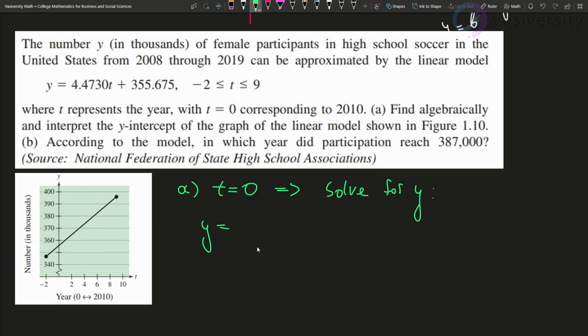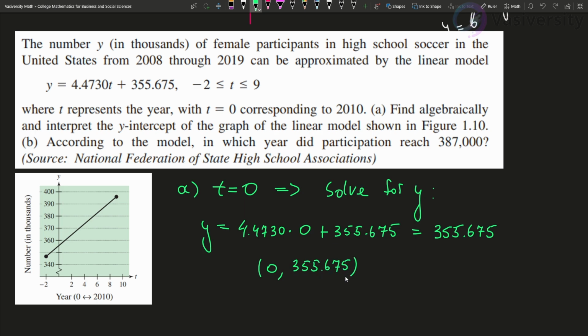With t equal to 0, we have 4.473 times 0 plus 355.675. Anything times 0 is 0, so y is equal to 355.675 thousands.